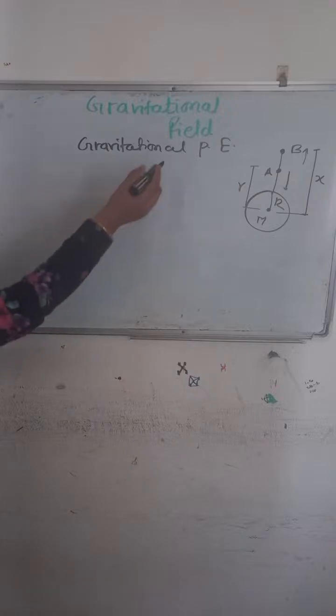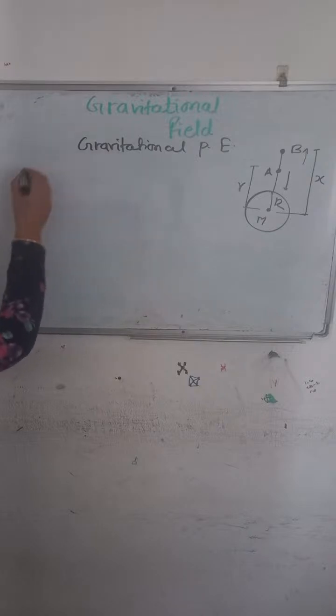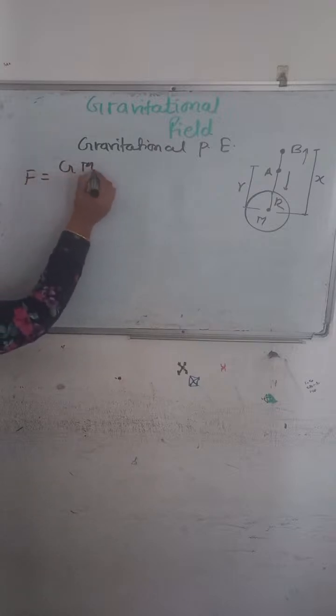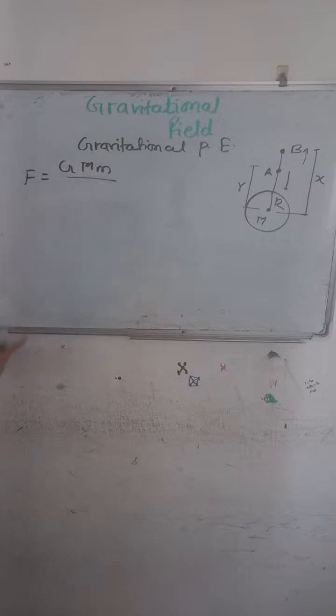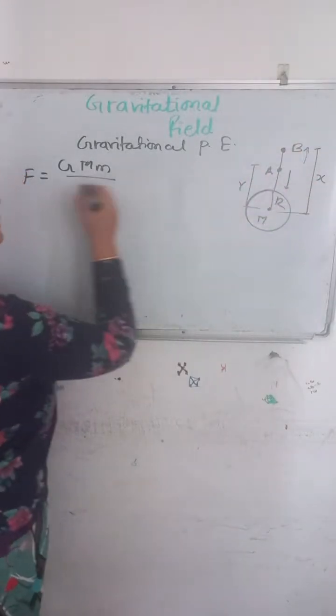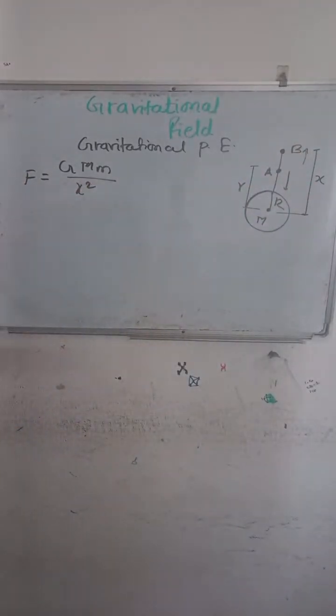again, at point B, the body has come to point B. So what is the gravitational force here? F is G capital M small m divided by the distance, which is from the center to point B, x square.